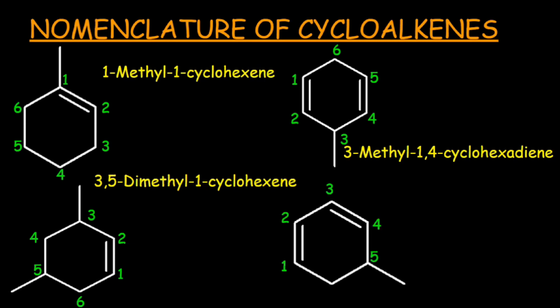At the fifth position, there is a methyl group and then this is a 6 carbon. So the name of this molecule would be 5-methyl-1,3-cyclohexadiene, right?